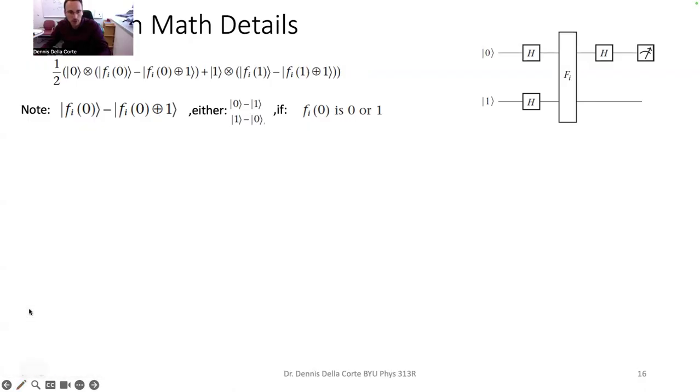So if this guy turns, for example, into a 0, then 0 CNOT 1 is just going to be 1. And so if this is 0, then I get the 0 state minus the 1 state.